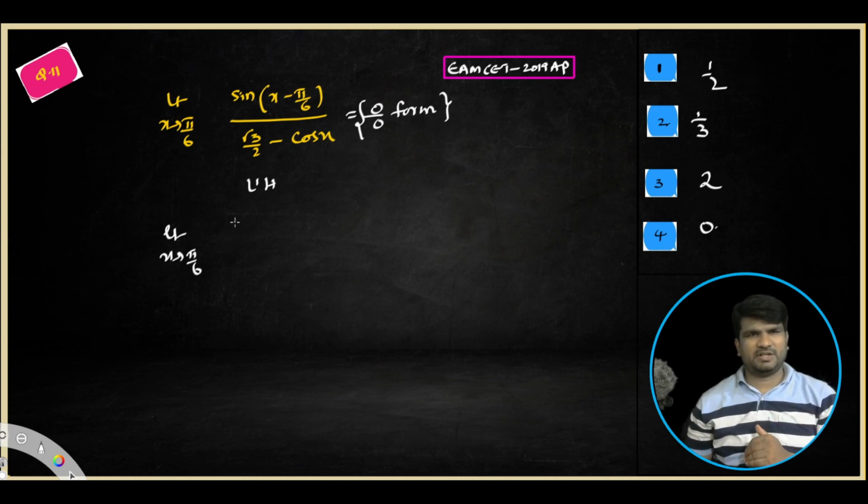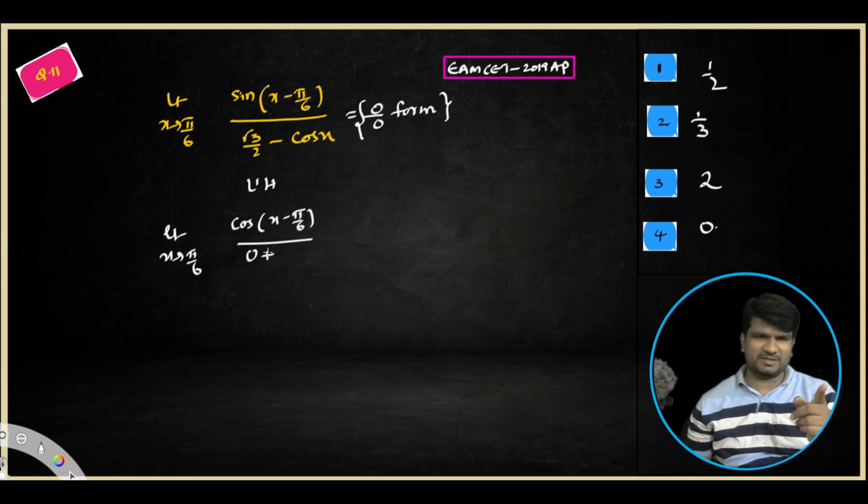Differentiation of sin of (x minus pi by 6) is cos of (x minus pi by 6); the inner derivative of x minus pi by 6 is 1, no need to write. Differentiation of root 3 by 2 is 0. Differentiation of cos x is minus sin x, so minus becomes plus sin x.